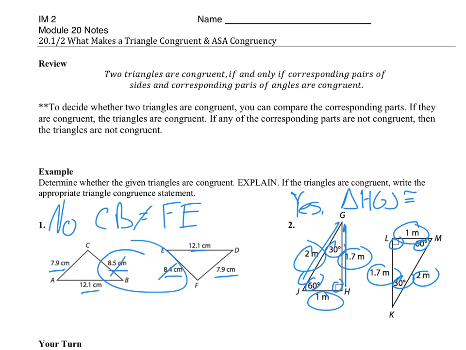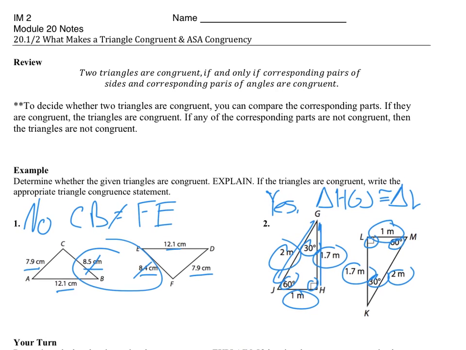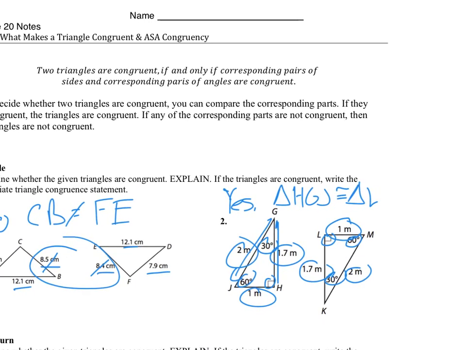We have to start in the same spot, so it's triangle L. And then we're going to go up, technically down, but through the 1.7 side to K. And then down the hypotenuse, the 2, to M. So notice that those are all written in the same corresponding order.